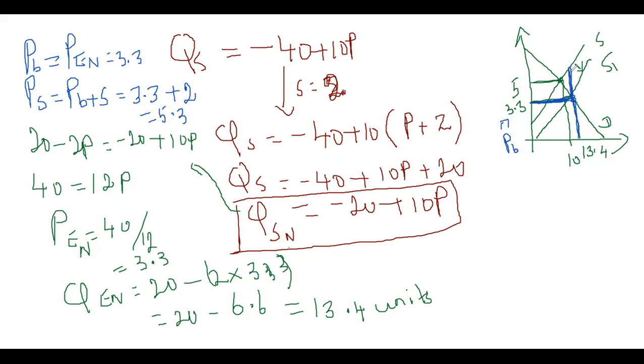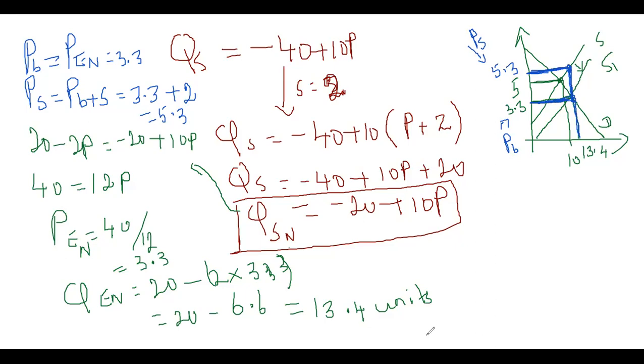If it is the graphical method, wherever this line cuts the price axis, we will find the price. But this is the equation method and this is a rough diagram. So it comes as 5.3 here. This is the seller's price. So buyer's price is 3.3 and the seller's price is 5.3.